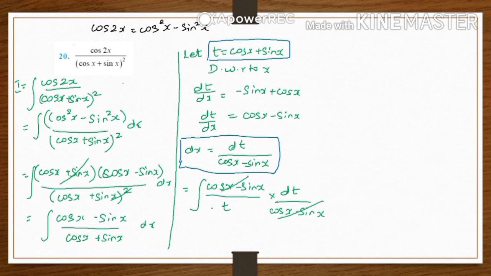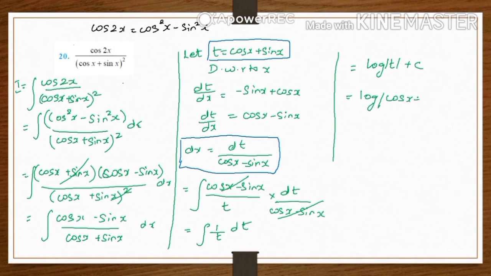So these both get cancelled and we are left with integral 1 by t dt. The integral of 1 by t is obviously log mod t plus c. The t value is cos x plus sin x, so log mod (cos x plus sin x) plus c is the answer.